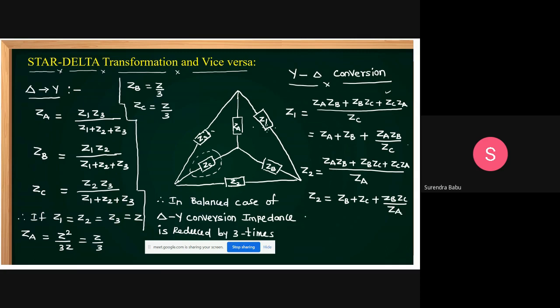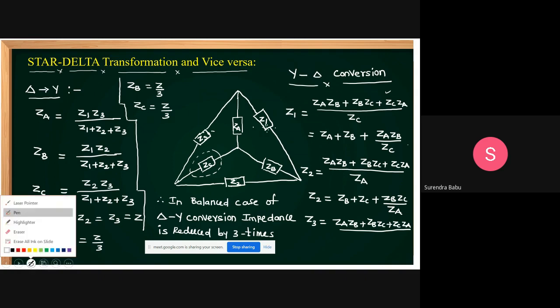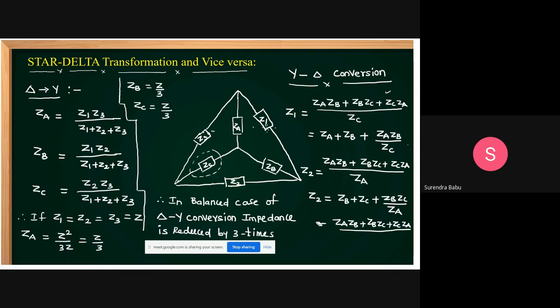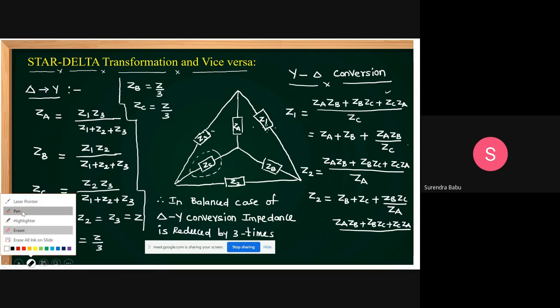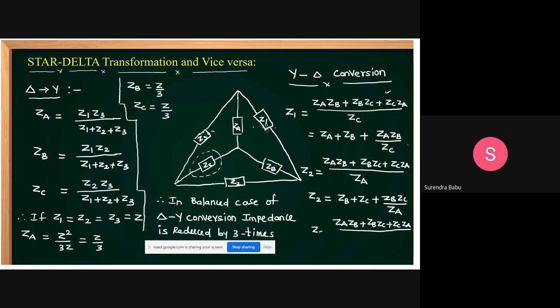Next, the last one. Can you tell what is Z3, students? Z3 is ZA, ZB plus ZB, ZC plus ZC, ZA by... What is opposite to Z3? Opposite to Z3 is ZB. Divide with ZB. Then what can you get?